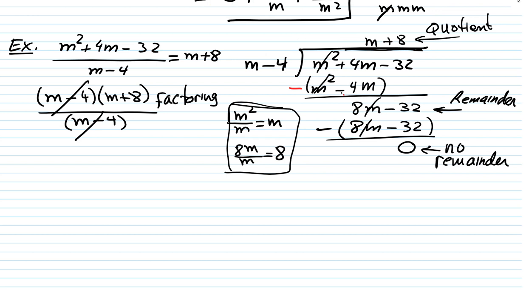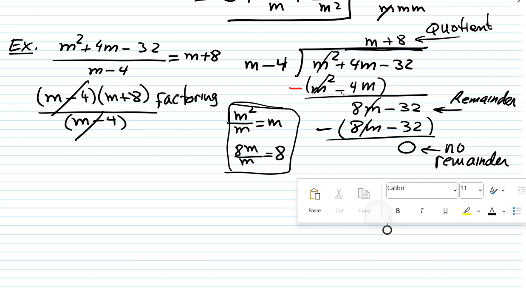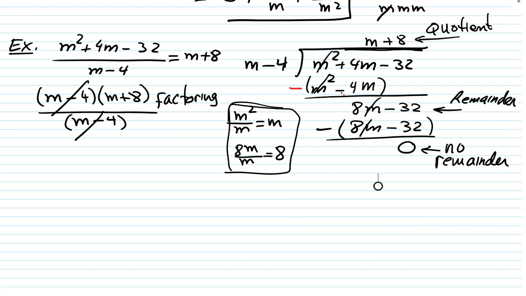The moment the degree of the polynomial in the remainder is less than the degree of the polynomial in the divisor, then we stop. Okay, so that's the sign of when we stop. And you can see here the quotient, in fact, is the answer to the division problem. So the answer is going to be m plus 8, exactly the same as m plus 8 here.